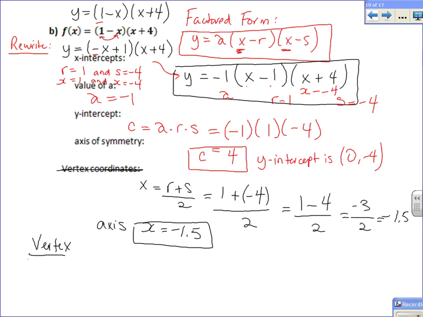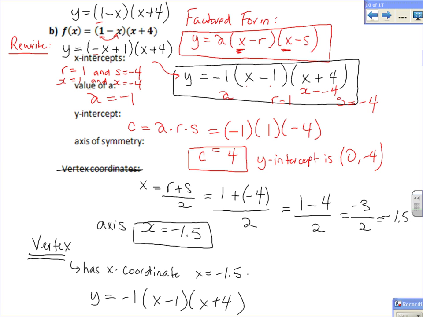My vertex, I know my vertex is going to lie on the axis of symmetry. So I know that my vertex has the x coordinate x equals negative 1.5. So I'm going to plug that value of x into my equation for my parabola, y is equal to -1 times (x minus 1) times (x plus 4).